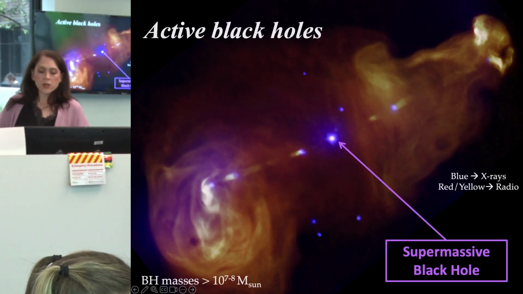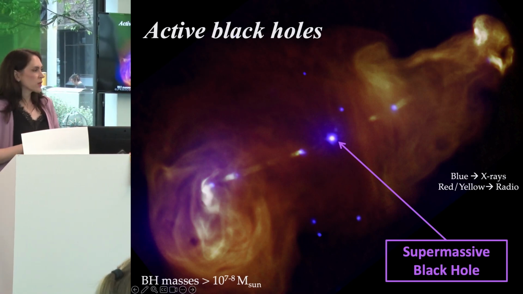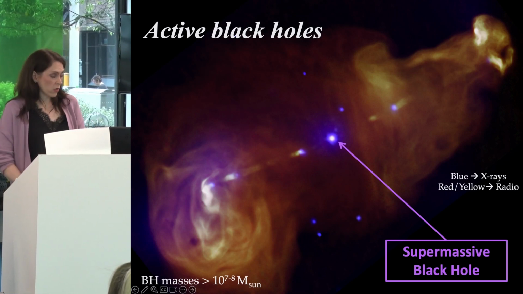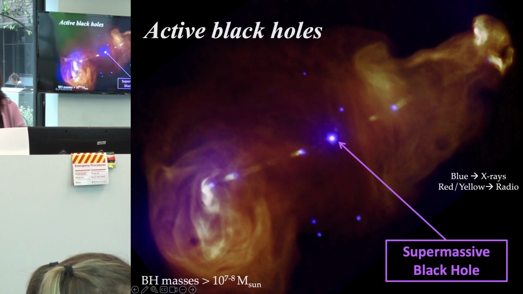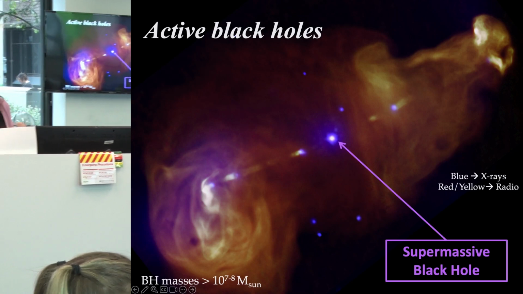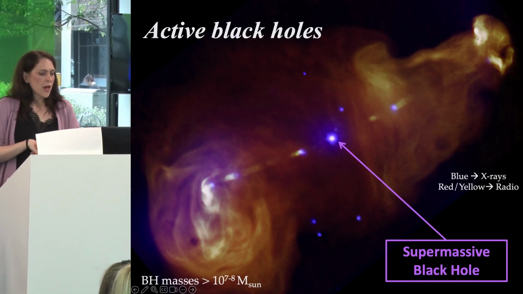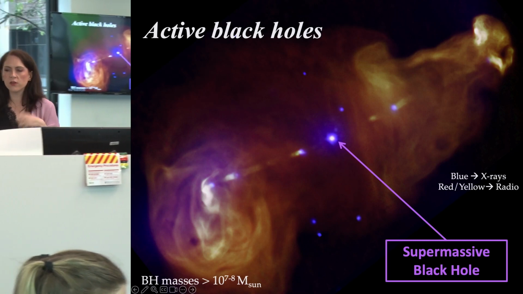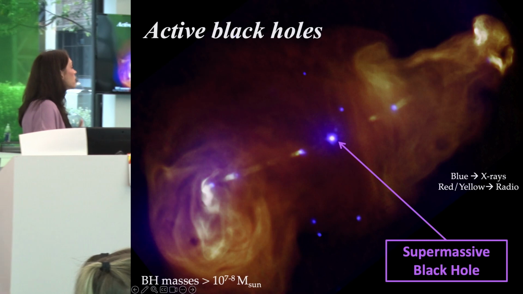Well, the most direct evidence for the existence of these massive objects comes from the detection of something called an active galactic nucleus, or an AGN, which you may have heard of before. These objects have lots of material falling onto the black hole, and as it is devoured, it produces an enormous amount of energy, right? And the way that we detect these objects is via extreme changes in their brightness in multiple wavelengths over days, weeks, and even years.